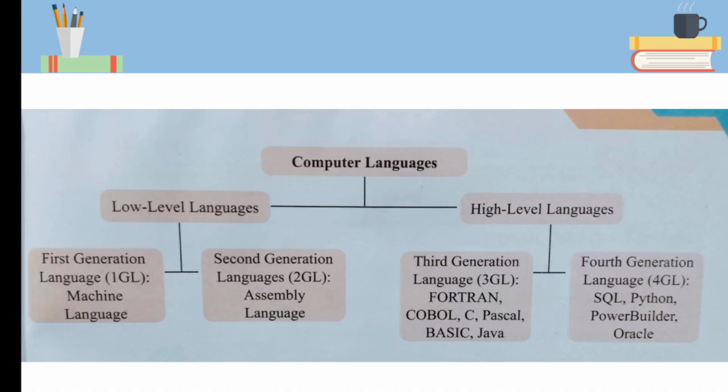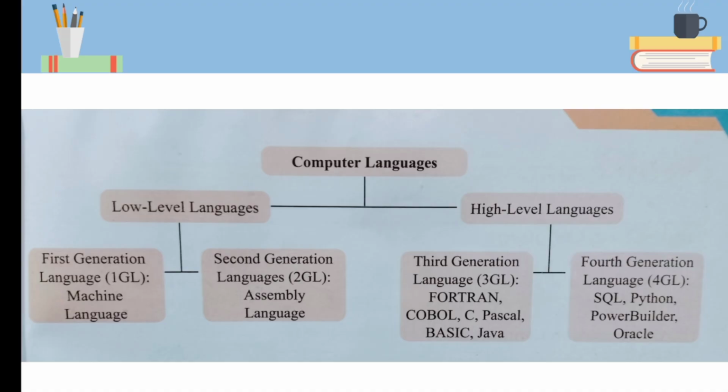As you can see, computer languages are divided into two categories: low level language and high level language. Further, low level language is divided into two categories: first generation language, known as machine language, and second generation language, known as assembly language.